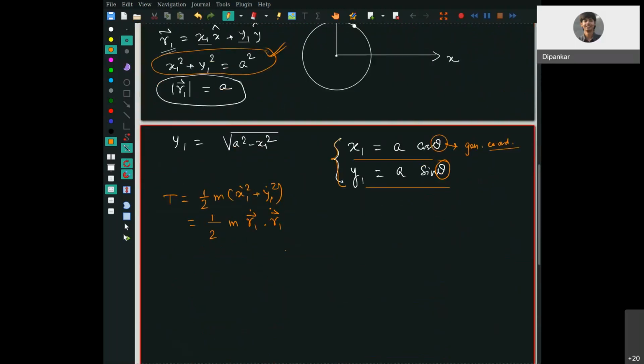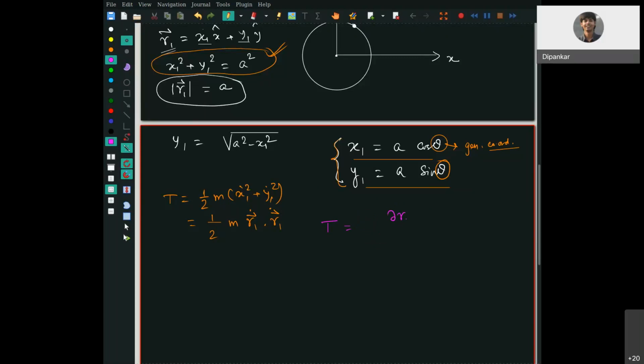Now if I try to write down my kinetic energy in terms of this, last time we encountered an expression like this, a summation over del. So if there are many r, let me remove the summation.